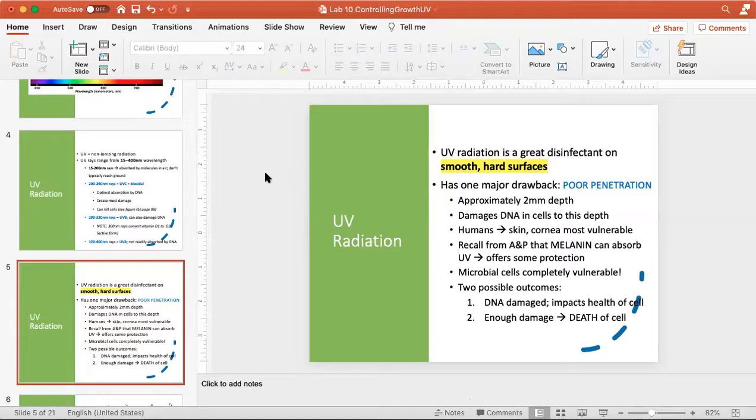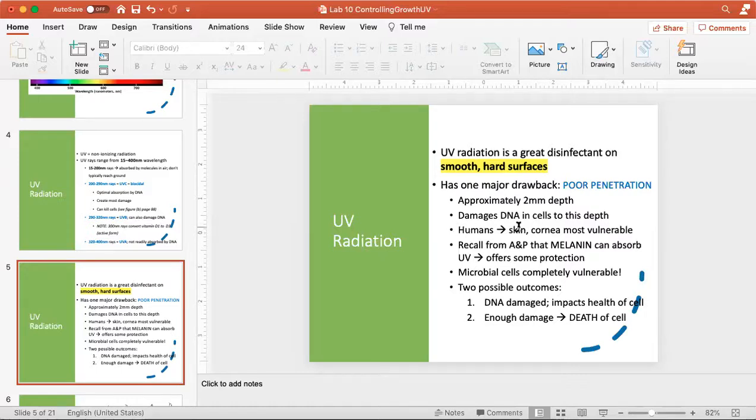Because it has one huge drawback, and that's poor penetration. Ultraviolet can penetrate to about 2 millimeters of depth. So any cell that it passes through in that 2 millimeters is going to get its DNA damaged by the UVB and UVC wavelengths. And if it gets enough exposure, the UVC is going to kill it.